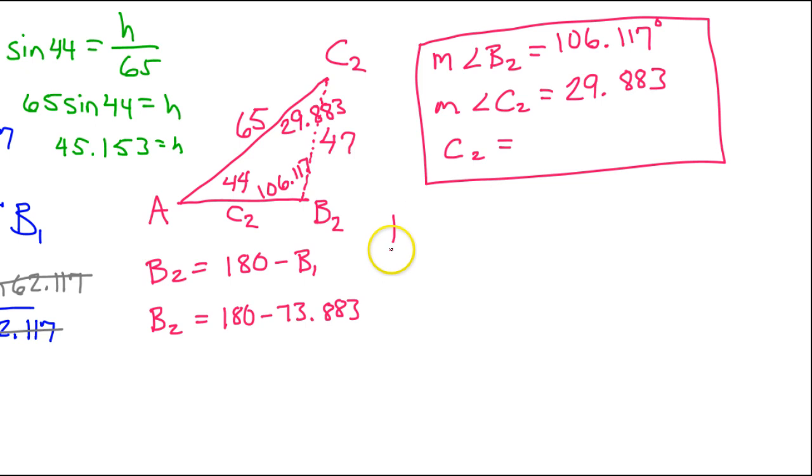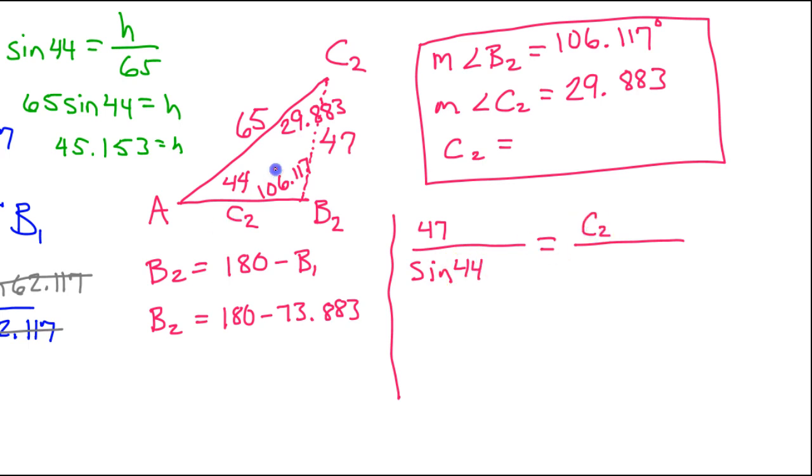And finally, I can find side C2. Because I'm looking for a side, I'm going to put sides in the top when I set up my law of sines. So I'm going to say 47 over the sine of 44 is equal to side C2 over the sine of 29.883.